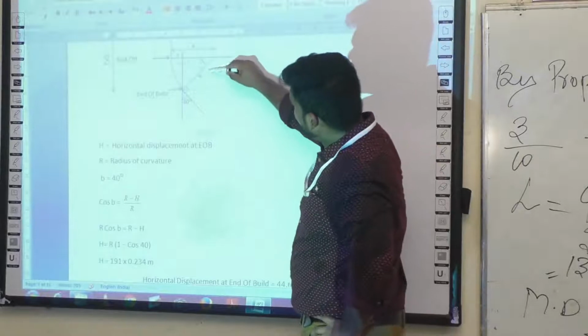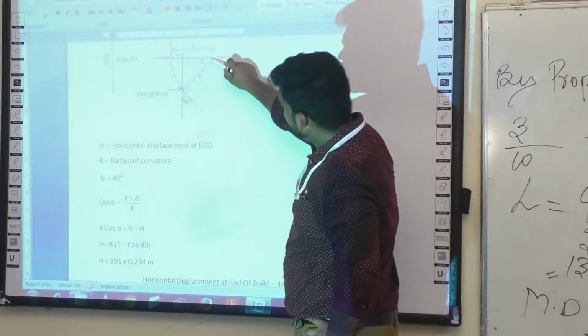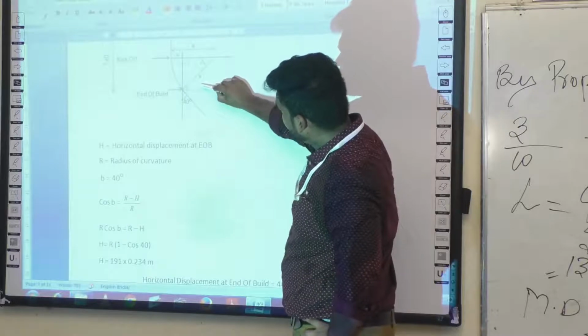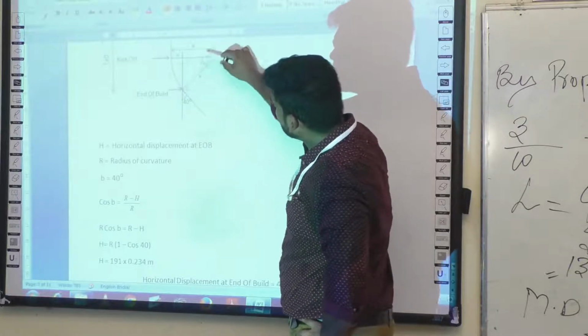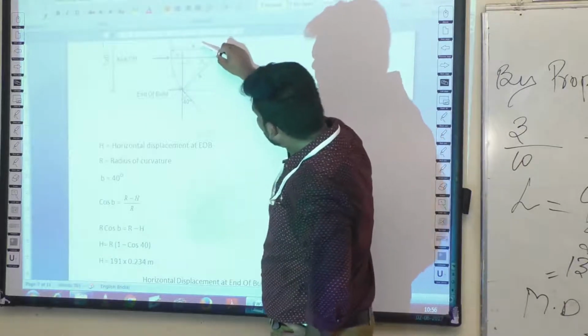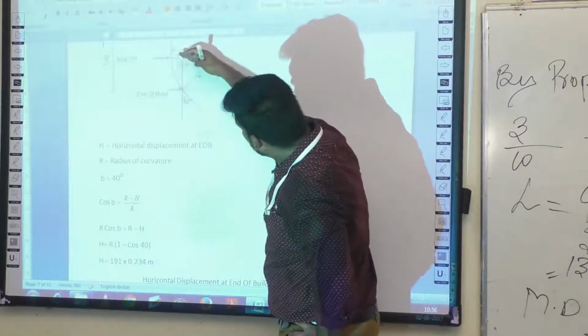If you are talking about cos B, what is cos B? Adjacent by hypotenuse, right? Cos B is equal to, you include the whole section, so it will be R minus this area.